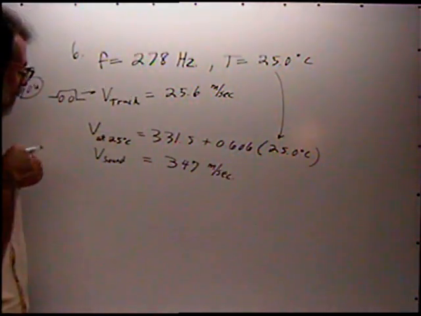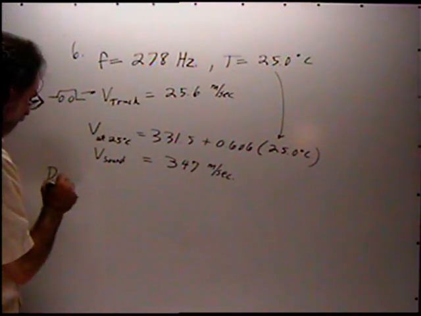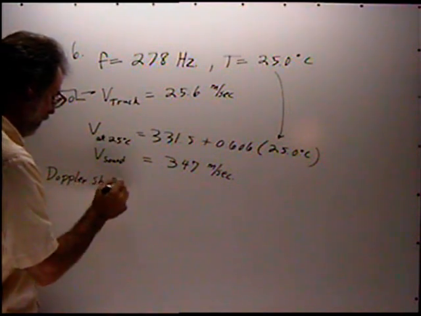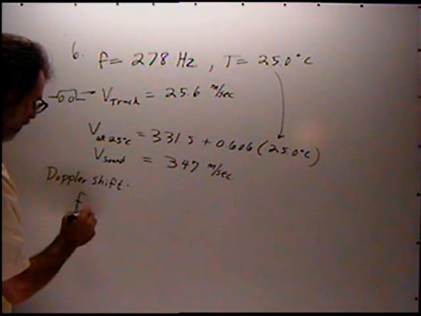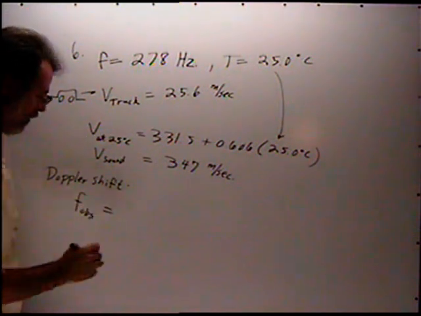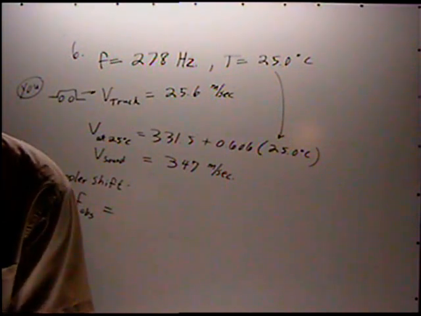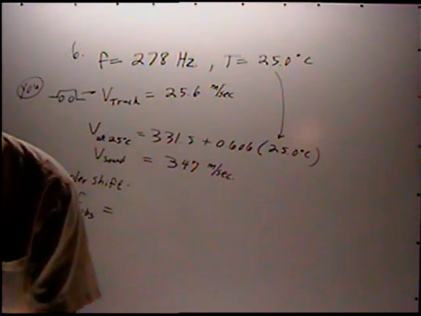Well, we have the velocity of sound. Now we need to use the Doppler shift equation. The Doppler shift equation, remember, is the frequency observed is equal to the ratio. And that equation is back on page 361.